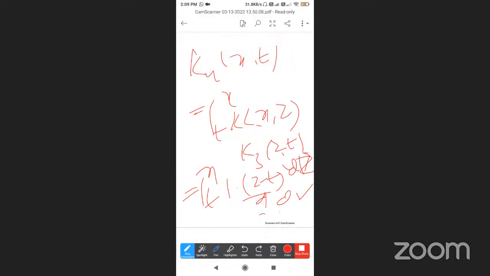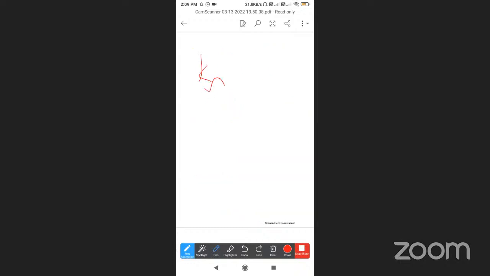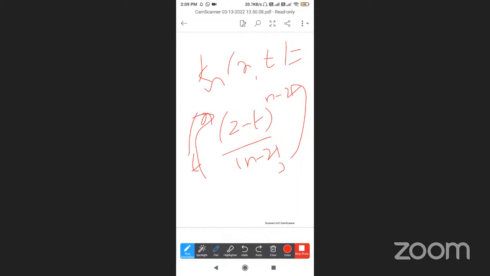So K4 of x comma t is equal to, simplifying, x minus t whole cube by 3 factorial. Now continuing, Kn of x comma t is equal to the integral from t to x of z minus t whole power of n minus 2 by n minus 2 factorial, with the limits applied from t to x.